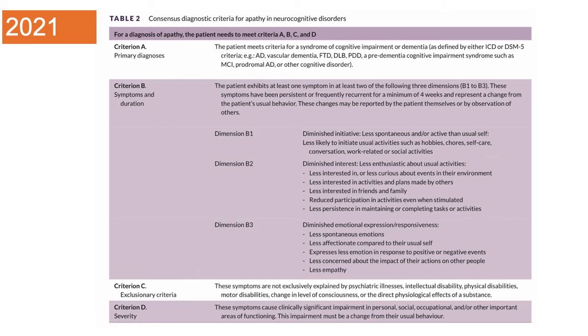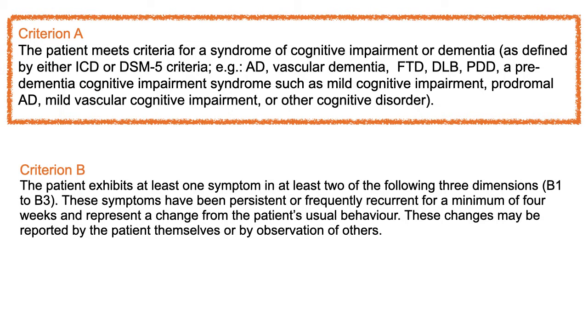The most recent proposal of criteria comes from an international academia, industry and regulatory expert apathy work group. And really thanks to Krista Lanctôt and David Miller for the organization of the process, including literature review, survey and international meeting. The first new characteristic is found in criterion A, which delimits in a very pragmatic way the fields of application of the criteria to neurocognitive disorders.